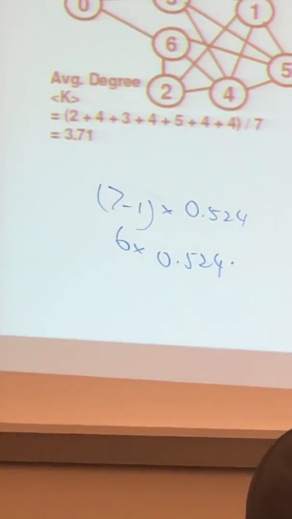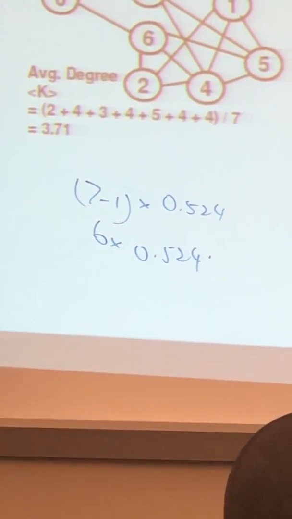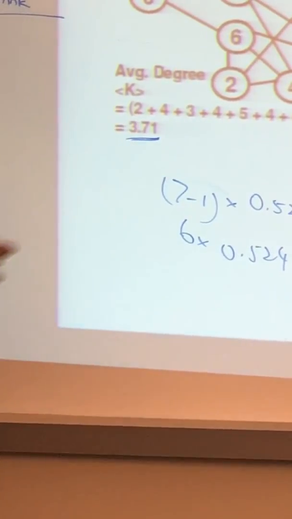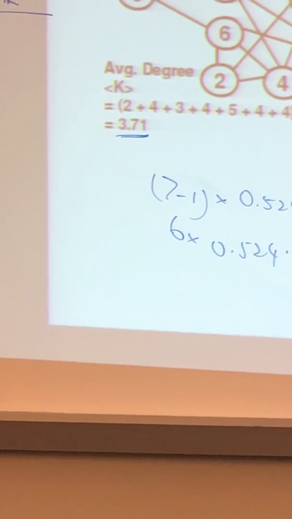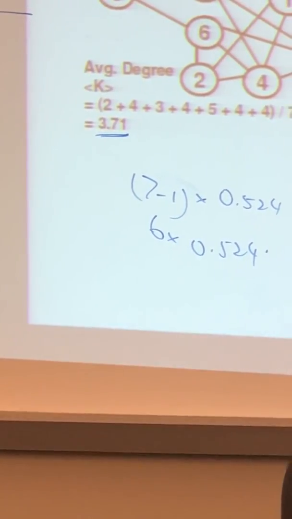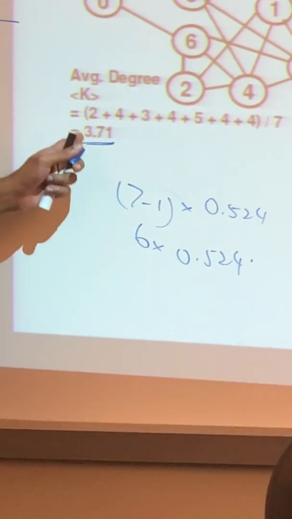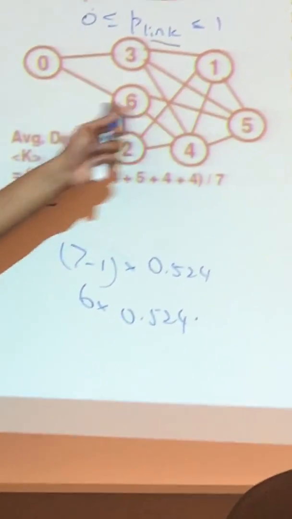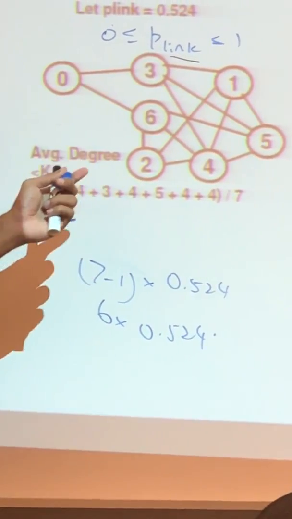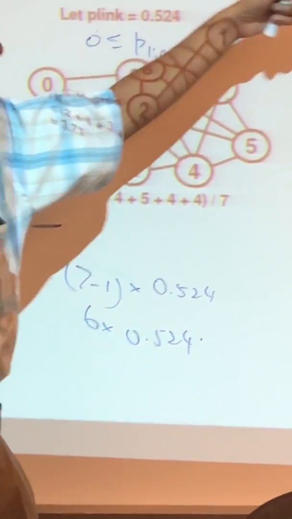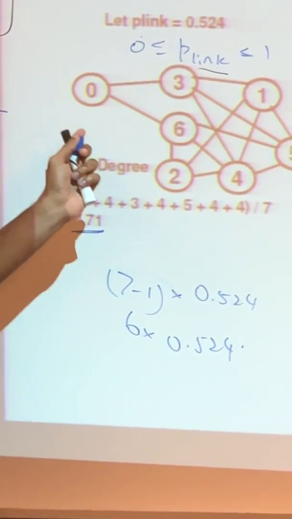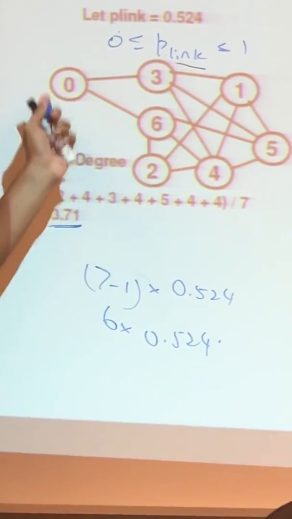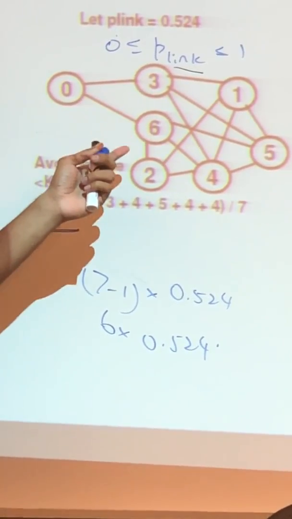It will be some 3.3 something. You are more likely not to get the same as the average degree that you have from the graph, because this is the average degree provided the edges are distributed like this. If you run another instance of your random number generator with different random numbers, you could get a different network of 7 nodes with edges. If you find the average degree for that network, it will be 3.6 or 3.8.